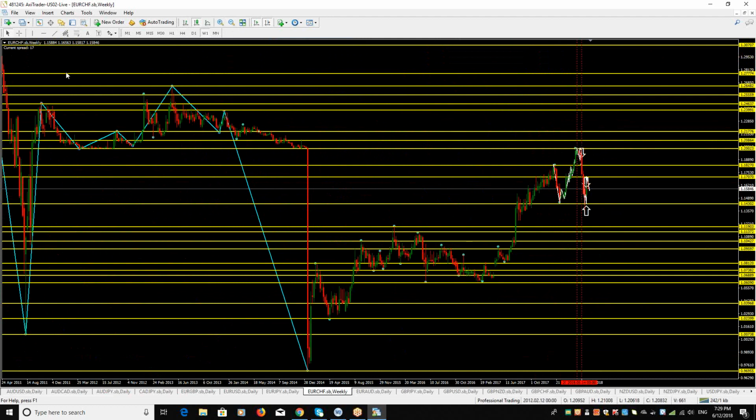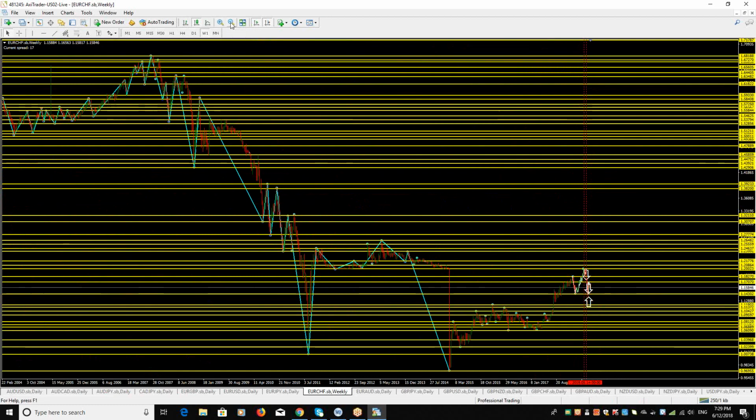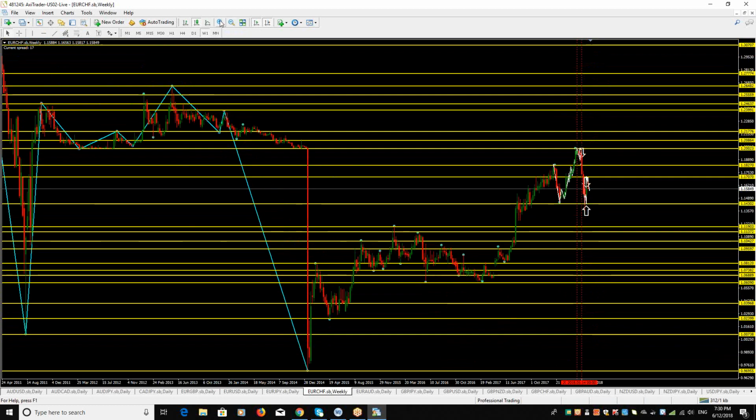So I go onto my weekly and highlight any zones that I've missed. I put it as a different color so I know this zone is not the same as the other zones. You can hardly see this one, let me make it a bit bigger.